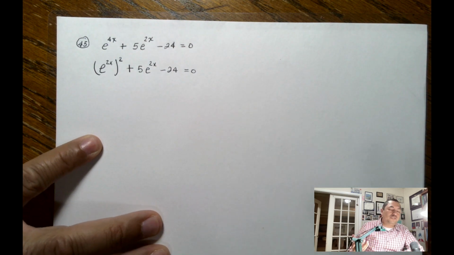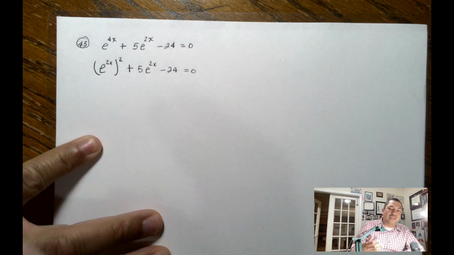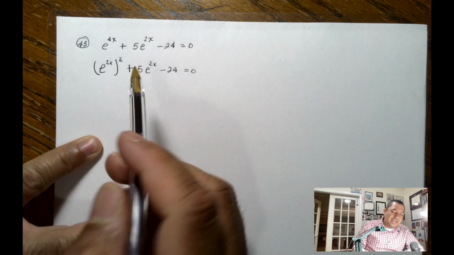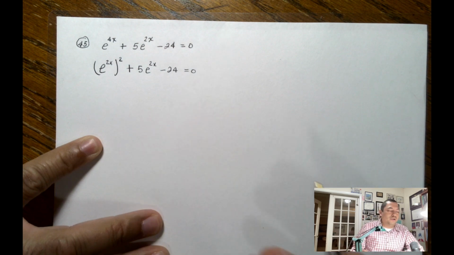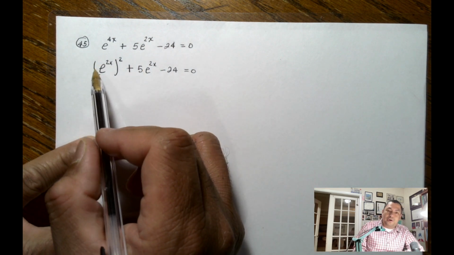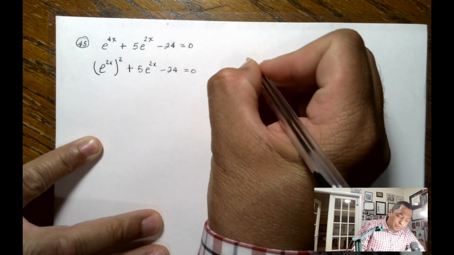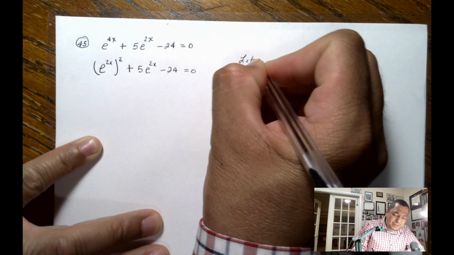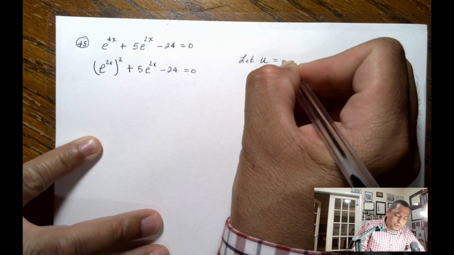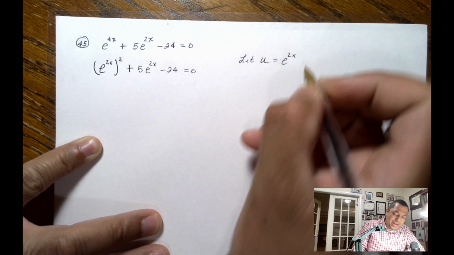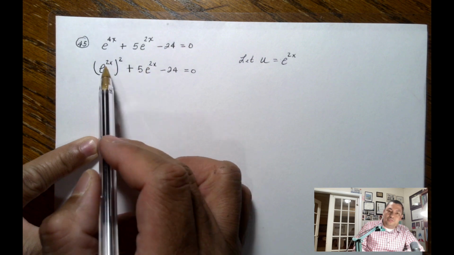Now I'm going to do something that you're going to use in calculus, which is a change of variable. In this case we are making a change in your exponential function. So I'm going to let u equal e to the 2x. So I'm changing this e to the 2x.